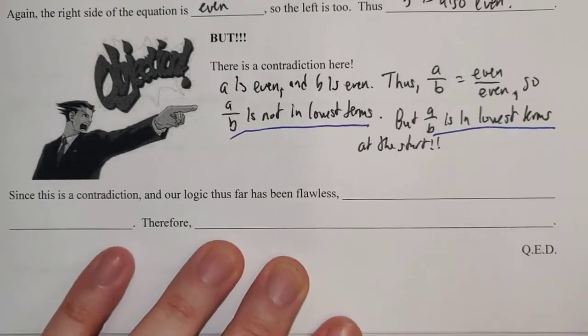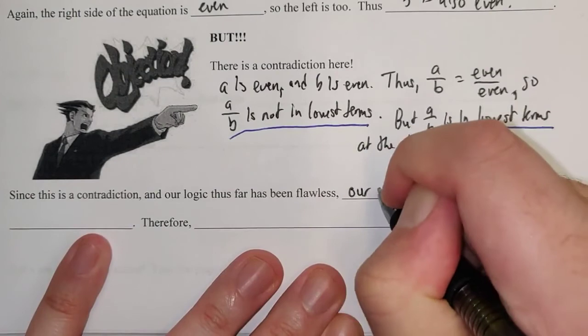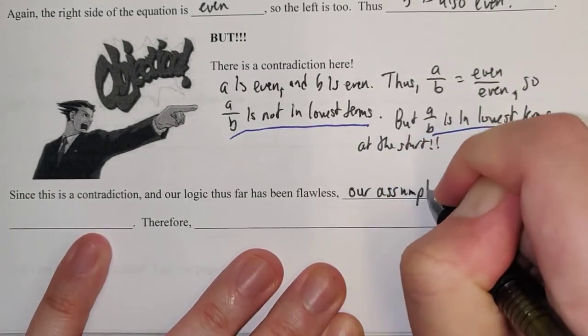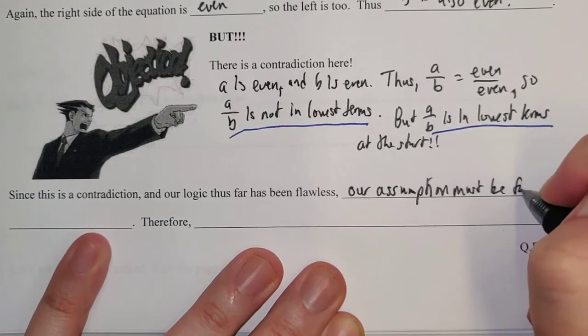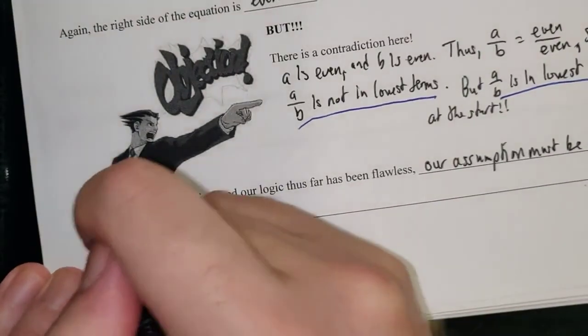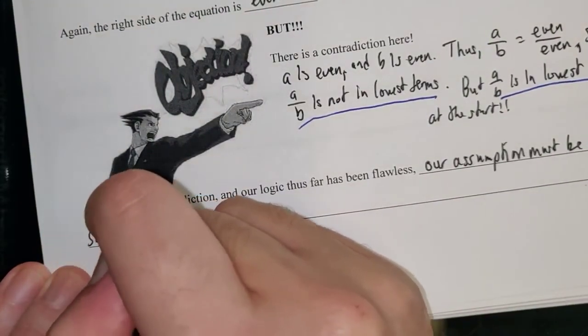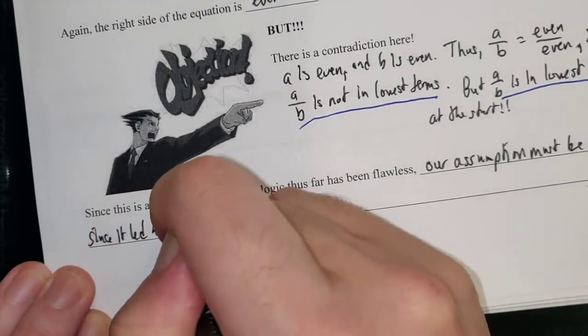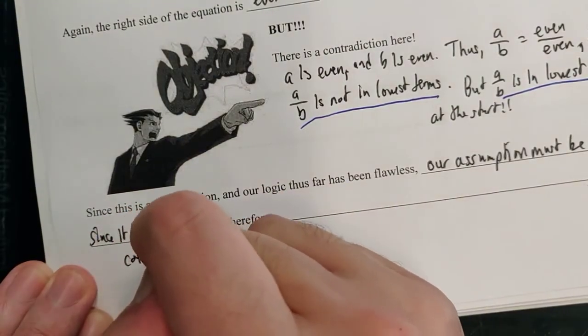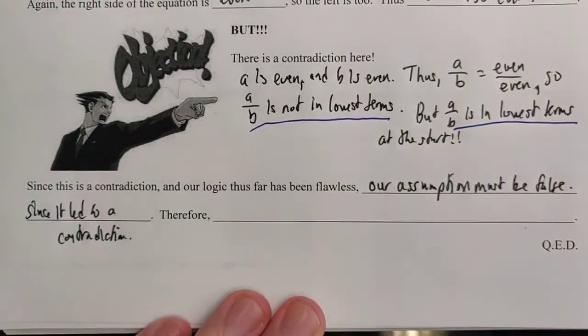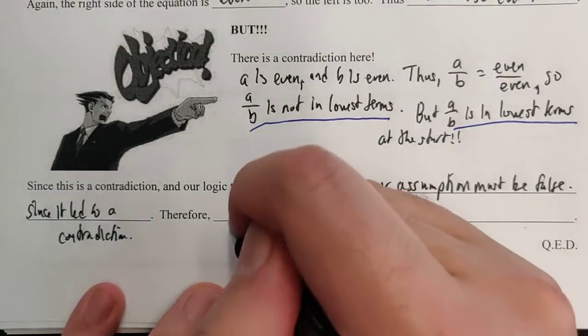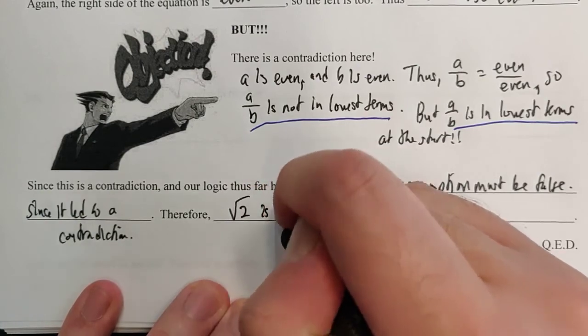So our logic has been flawless. Our assumption must be false since it led to a contradiction. Therefore, the assumption is false, so the square root of 2 is irrational.